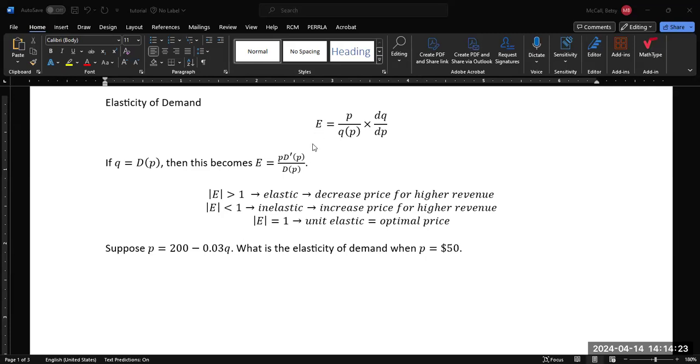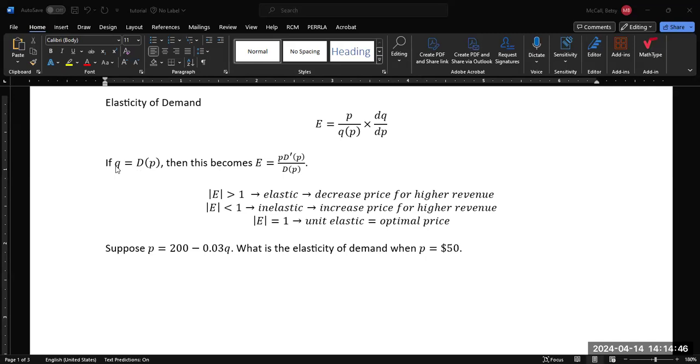So we're looking at elasticity of demand, and the equation is typically given in some form that looks like this. We have the price divided by the quantity, written in terms of the price, times the derivative of the quantity. Now, the quantity is often thought of as the demand. That's why it's called elasticity of demand.